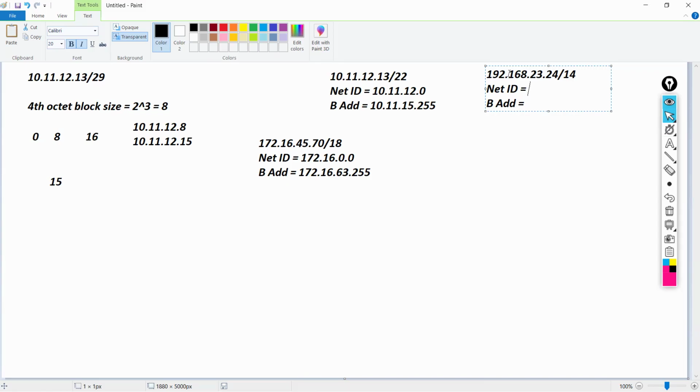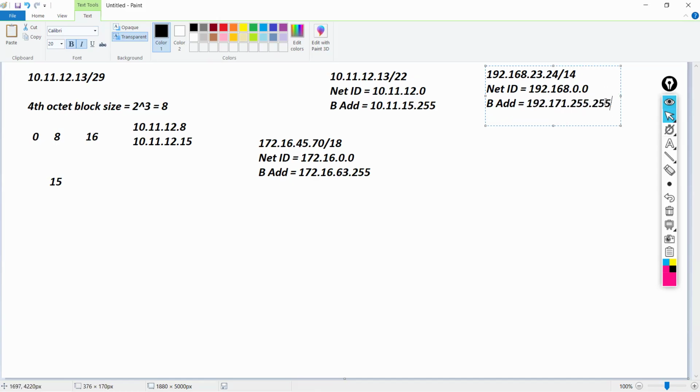Correct. Good. So what is the network ID? Same. 192.168.0.0, 192.171.255.255. Is it correct? Or still getting confused? Still getting confused.